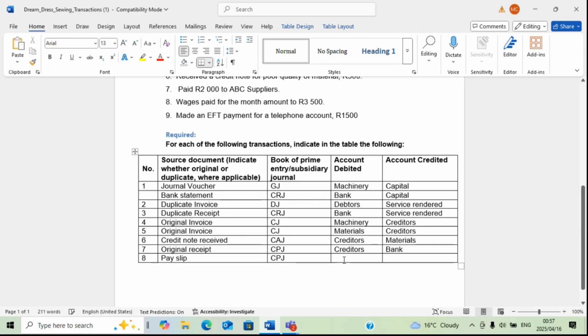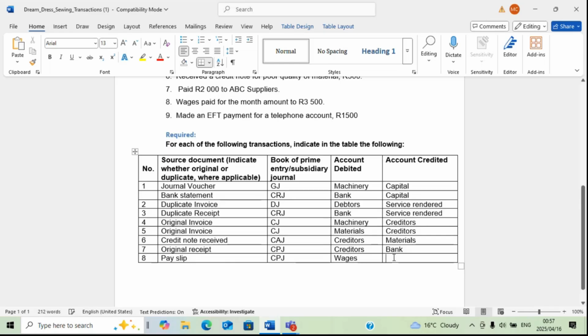And then the two accounts affected are going to be wages and bank because you made a payment. There's a decrease in the bank because you're making a payment, money out, right? You're going to debit wages because wages are expenses, and whenever expenses are incurred in the business, we must debit them.